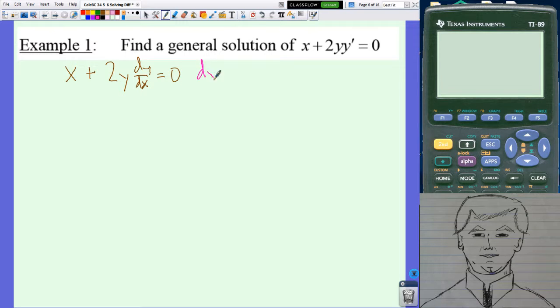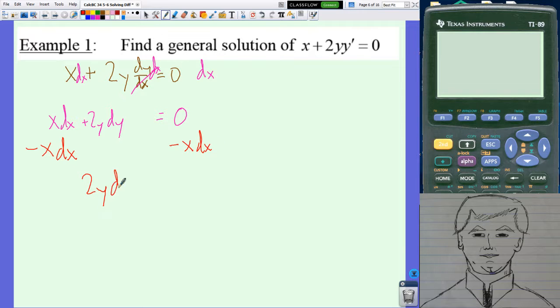Multiply by dx on every term. 0 times dx is still 0. These dx's cancel, so this would be x dx plus 2y dy equals 0. Now I want to get the x's to the other side, so I'm going to subtract x dx on both sides. So I get 2y dy equals negative x dx.